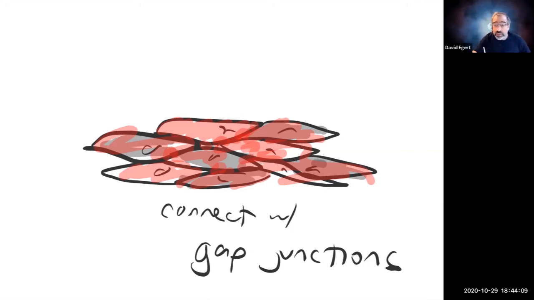The autonomic neuromuscular junction is a little different from what we saw with the skeletal muscle, and it's related to this. So this is an autonomic motor neuron.